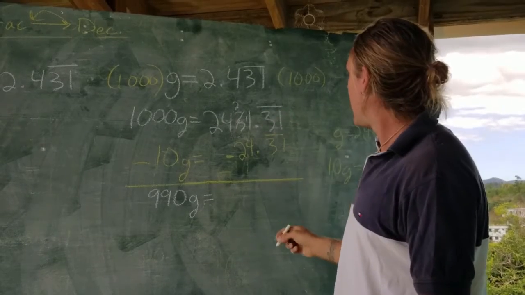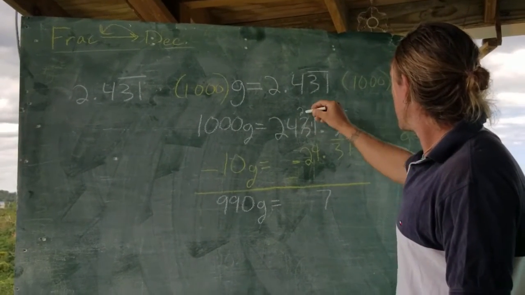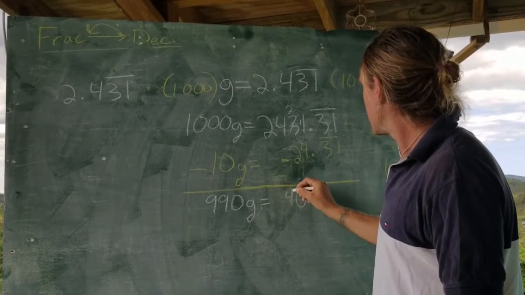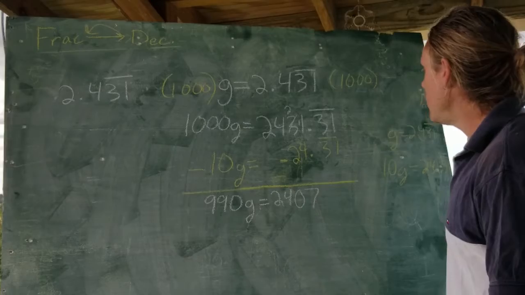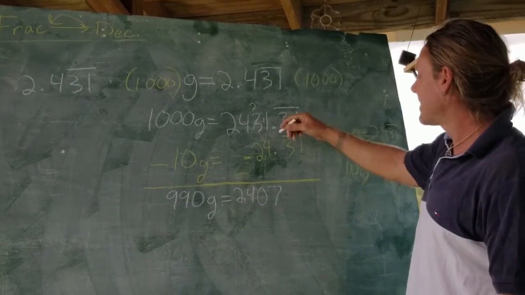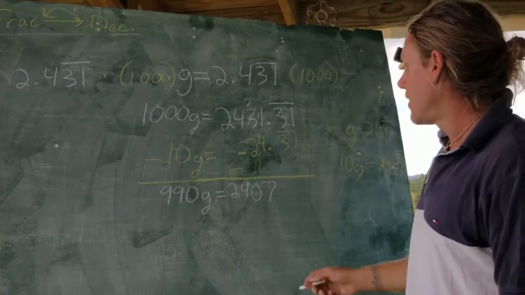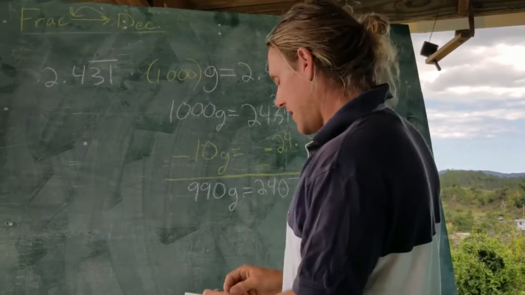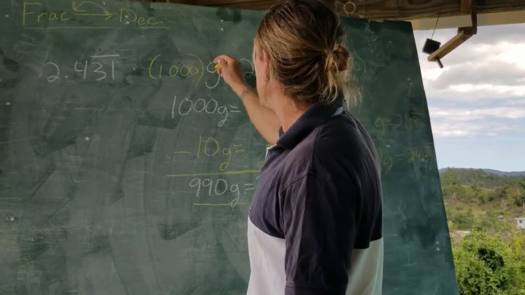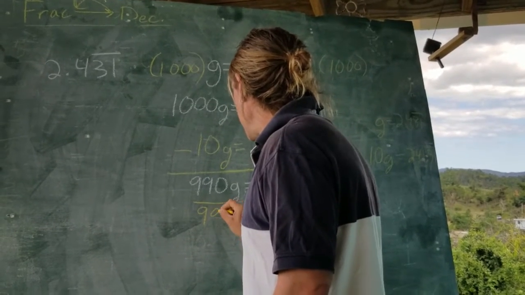So 11 minus 4 is 7. 2 minus 2 is 0. 4. So 2,407. Are these decimals subtracted off? All right, this is looking great. All that's left to do is divide, get G by itself, because remember, we've already established G by itself is what we're attempting. So divide by 990.